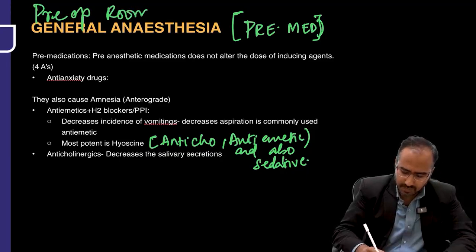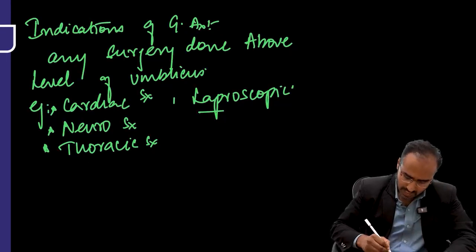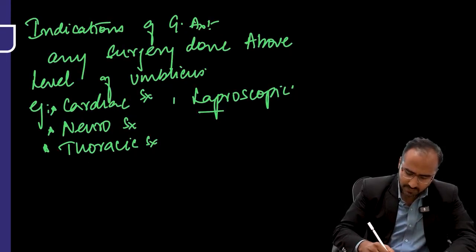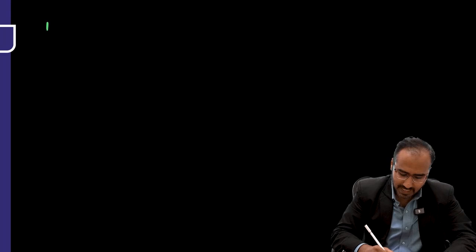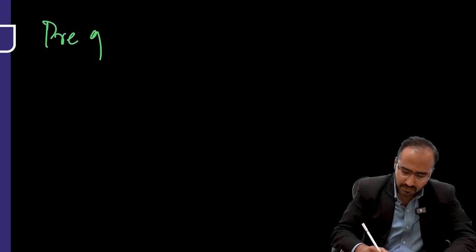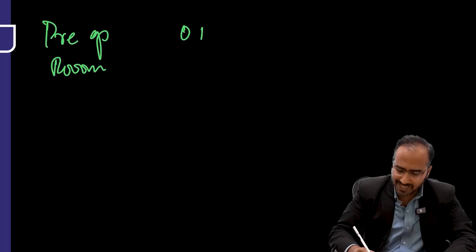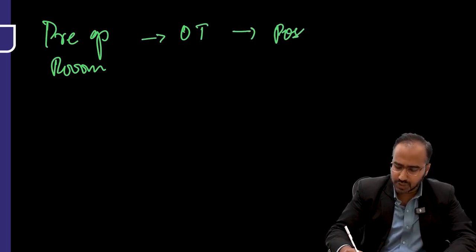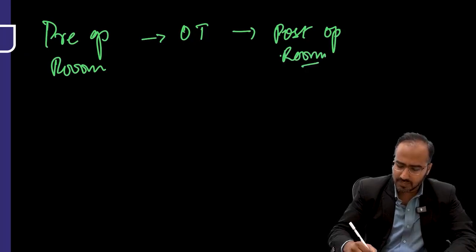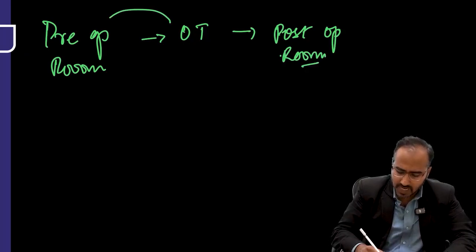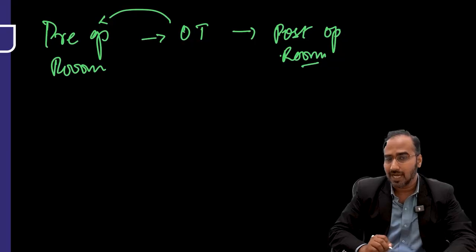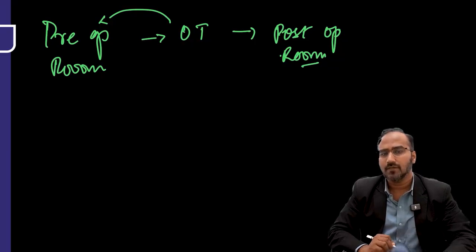Remember, in the hospital setting, there will be pre-op room, there will be operation theatre, and then there will be post-op room. So before taking the patient to the operation theatre, we take the patient into the pre-op room and we prepare the patient for surgery and anesthesia.